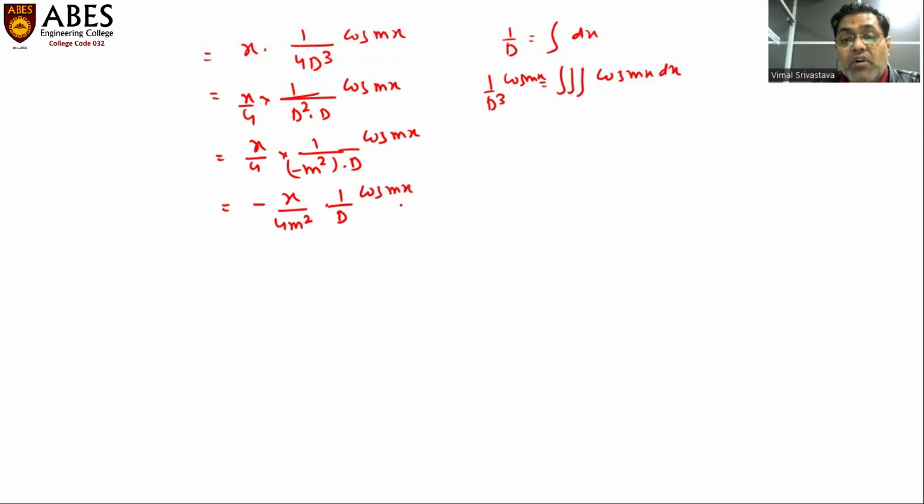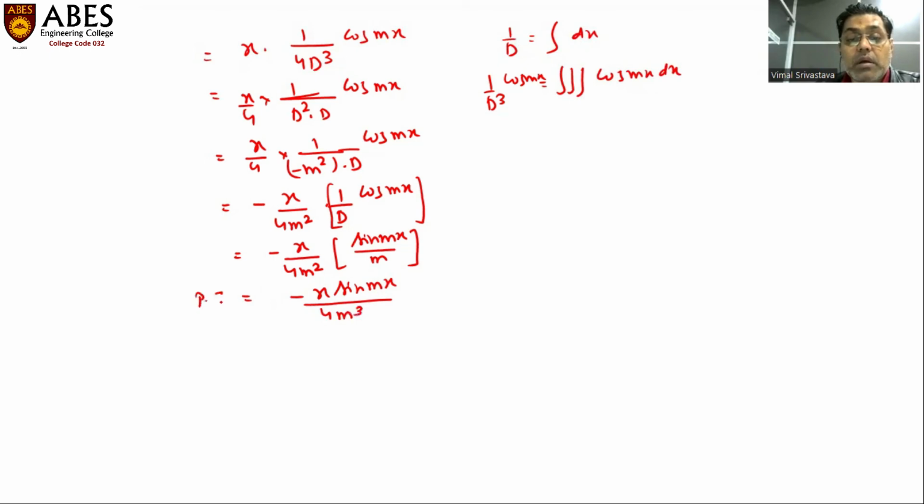So now integration of cos mx, as we have discussed earlier, 1 upon D represents the integration. So this will become minus x upon 4 m square into the integration of cos mx, which is sine mx divided by m. So once we solve this, we will get minus x sine mx divided by 4 m cube.